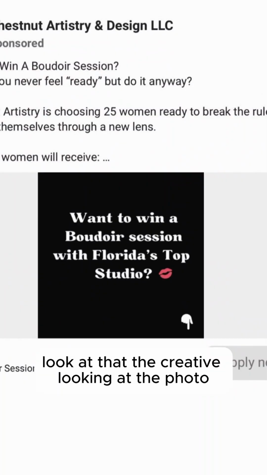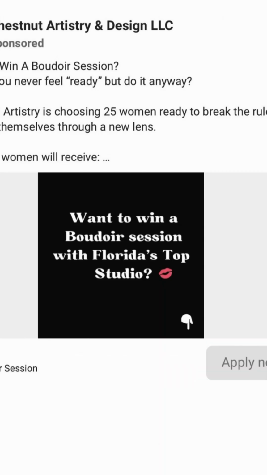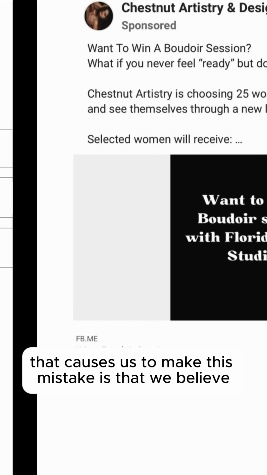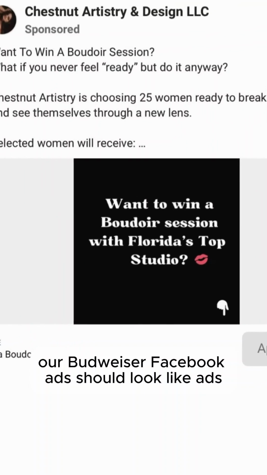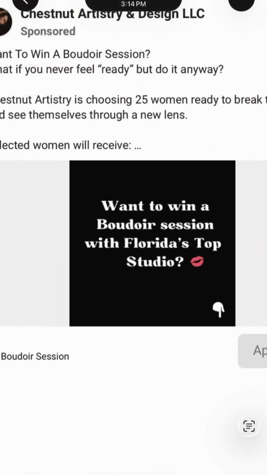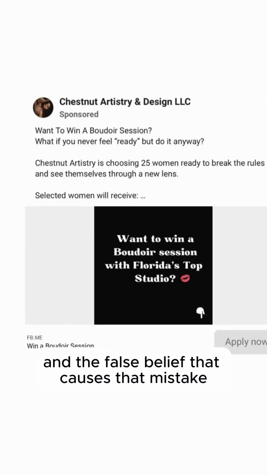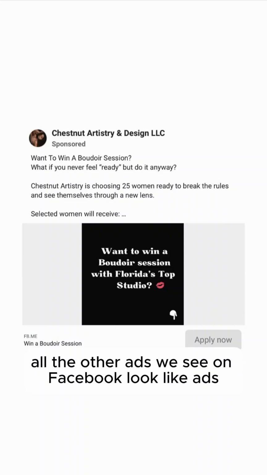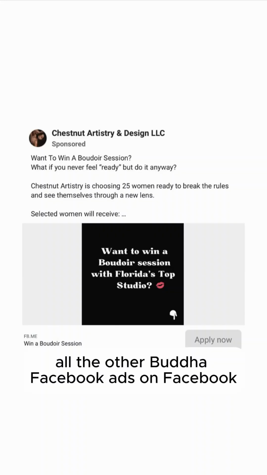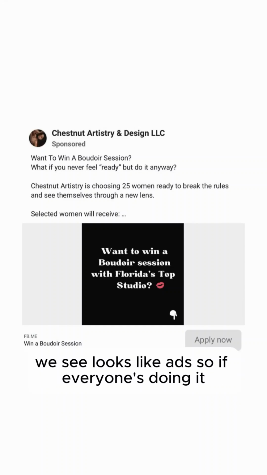Next, we look at the creative, looking at the photo. We've got the looks-like-an-ad mistake. The false belief that causes this mistake is that we believe our Boudoir Facebook ads should look like ads, because basically all the other ads we see on Facebook look like ads. All the other Boudoir Facebook ads we see look like ads.